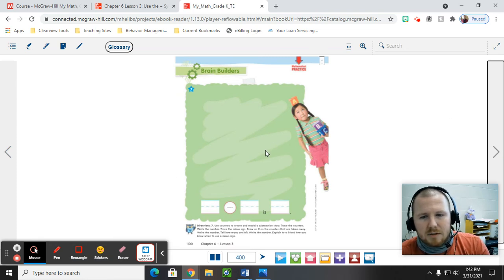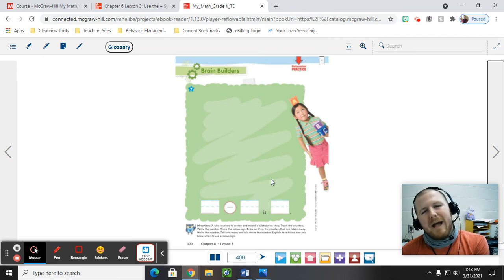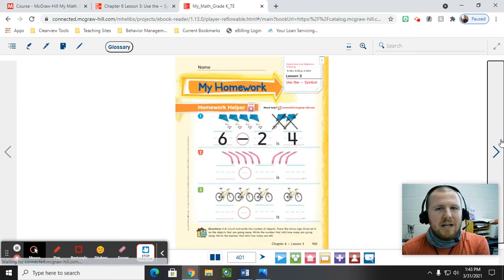They want you to model and use some numbers. They don't actually tell you. They want you to get some cereal or pennies or something and put them on here, and then you'll write how many you put on the paper, and then you'll put the minus sign there and then take some away, write down how many you decided to take away, and then write how many are left. That's what you'll do.